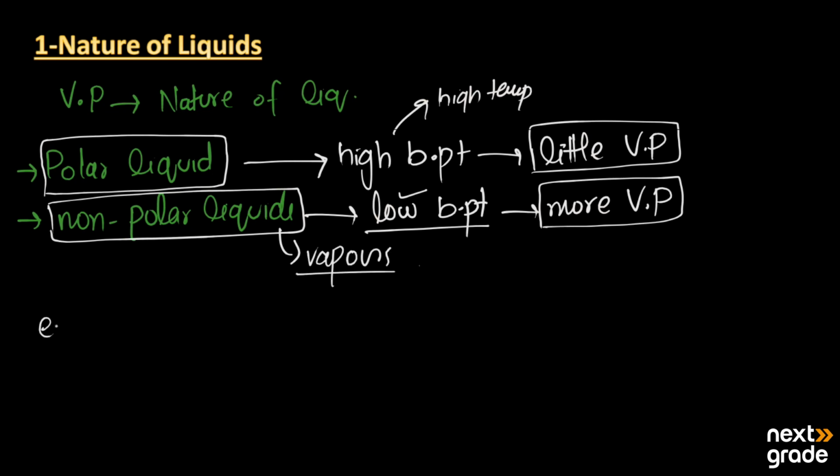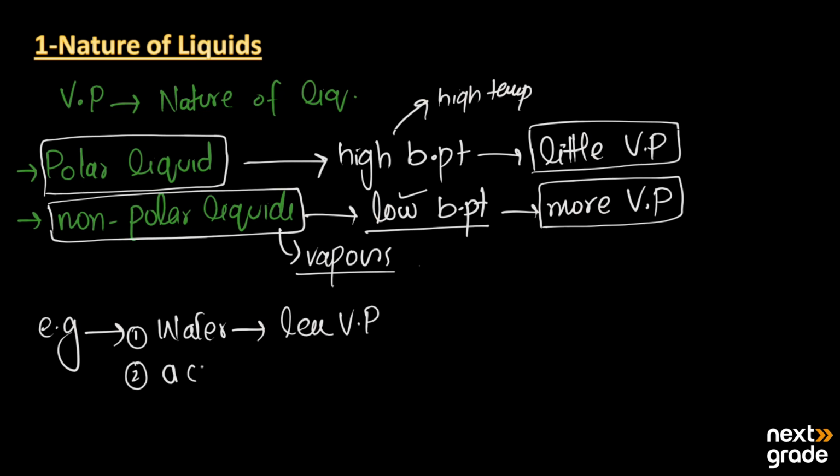For example, in daily life, water has less vapor pressure as compared to the second liquid, acetone, which has more vapor pressure because one is polar and the other is non-polar. So this is the effect of the nature of the liquids on the vapor pressure.